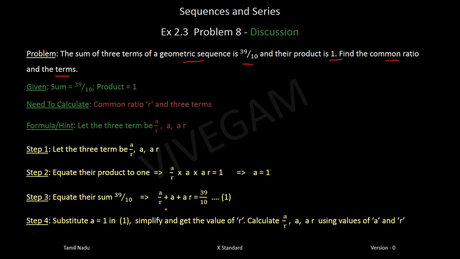Then you simplify it, you will be getting a quadratic equation, and solve that quadratic equation, you will be able to get the values of r. Once that is done, you have a and you will have r. Then you can go back and substitute those values and get the three terms. Okay, so that's the steps here.